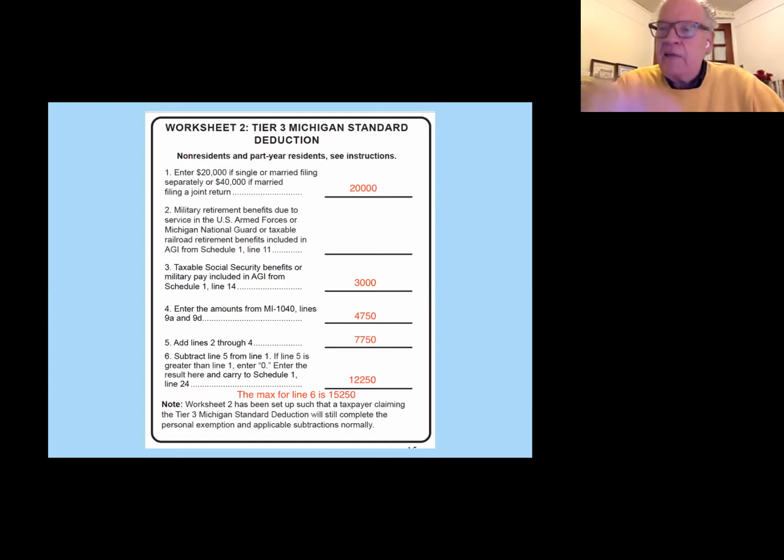So for a single person who's not disabled and their exemption is 4,750, the maximum the person's going to get is 15,250, which is the difference between 20,000 and 4,750. So basically, they kind of smoothed the transition from tier 2 to tier 3 with this tier 2.5, I call it.